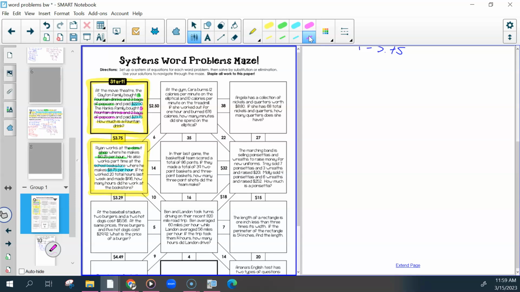Both of those are totals, the 20 hours and the 196. And what are we looking for?